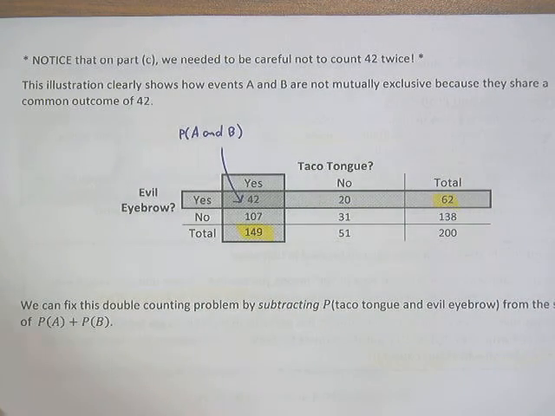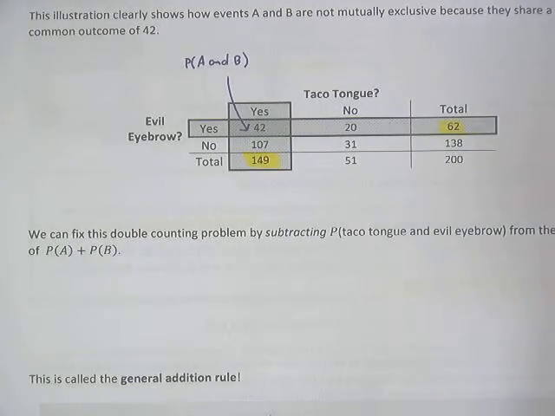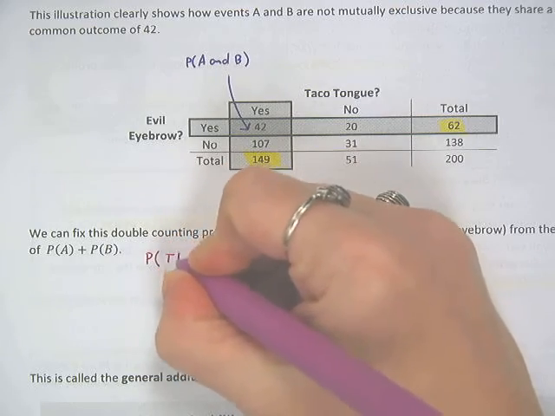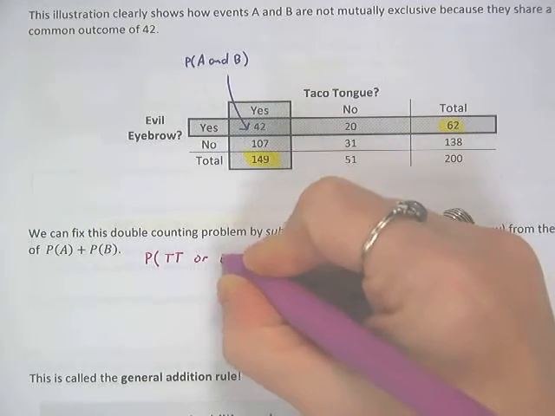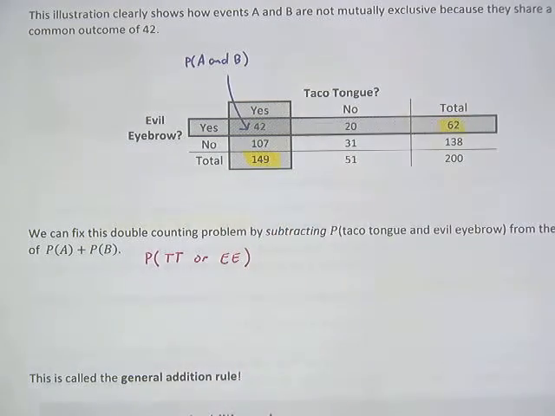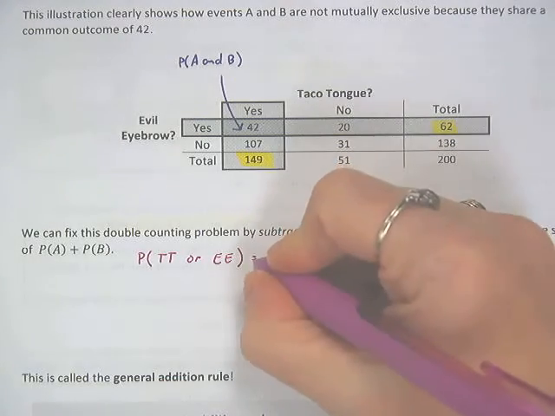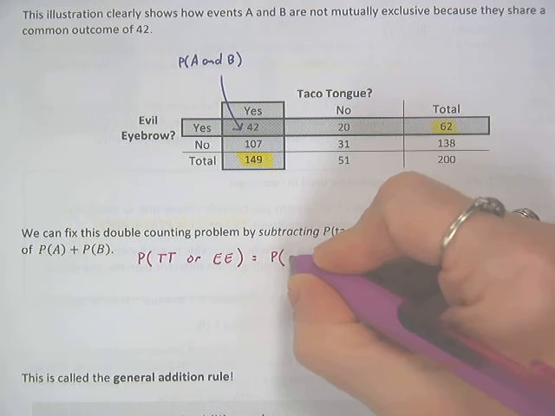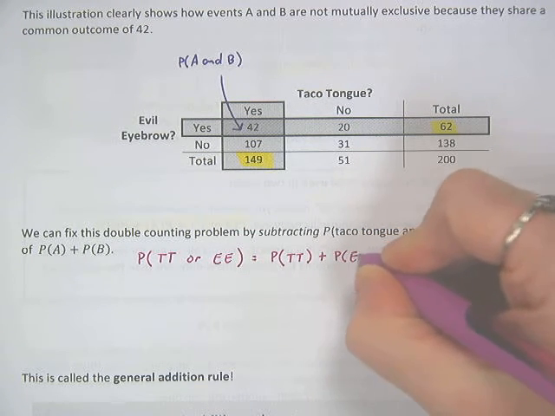So the formula, not to make things more complicated, just says what we want to do if we want to find the probability of taco tongue or evil eyebrow, students who can do either or. Then what we want to do is take the probability that a student can taco tongue, add it to the probability that they can evil eyebrow.